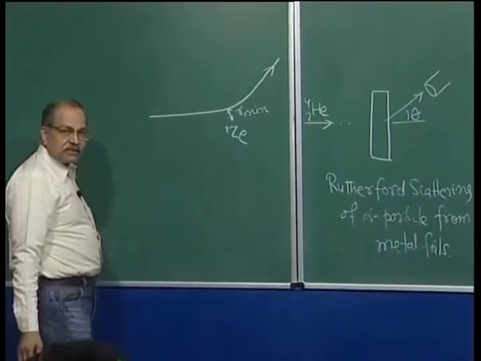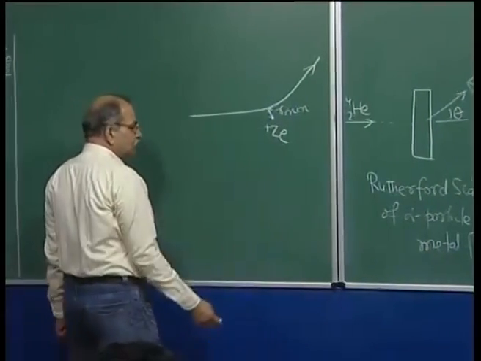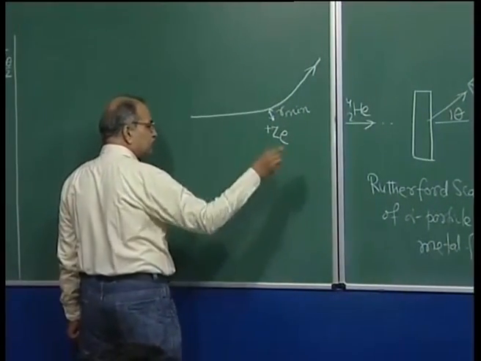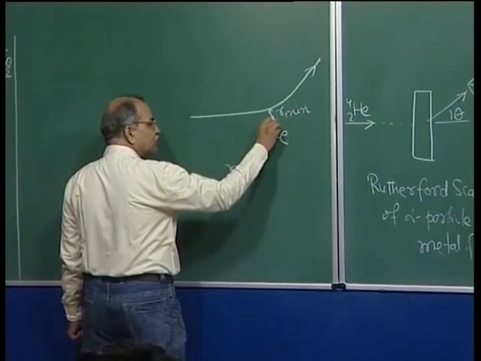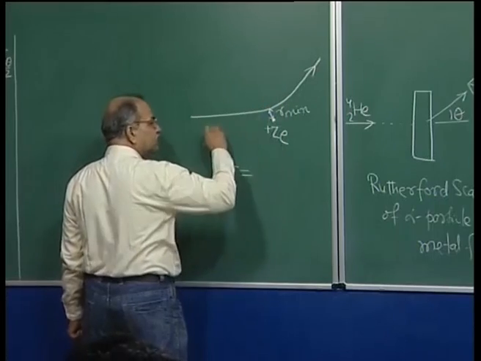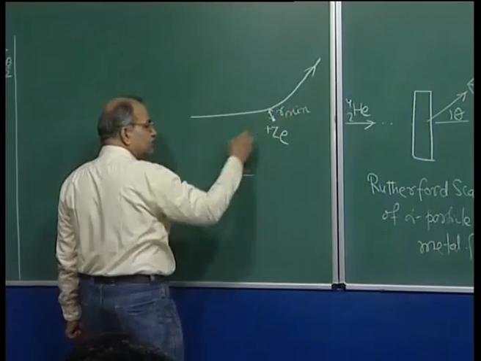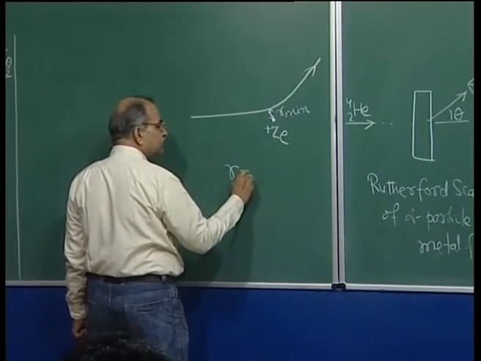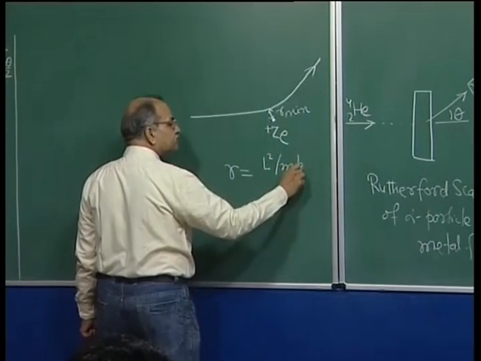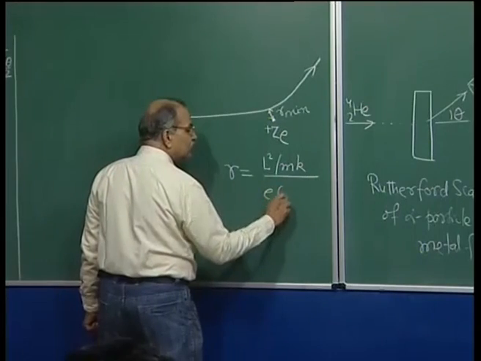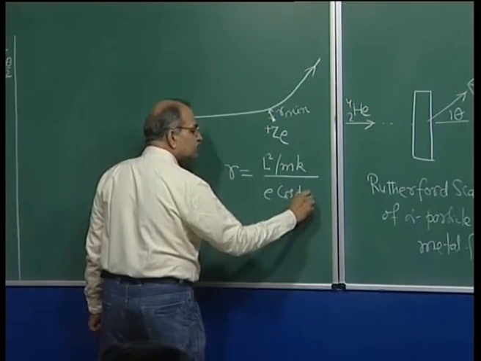If you write the whole equation, I do not need that, but still the equation would be, if I take this as origin and r, theta, this as the symmetry axis, r will be given by L square by m k, over e cos phi minus 1.